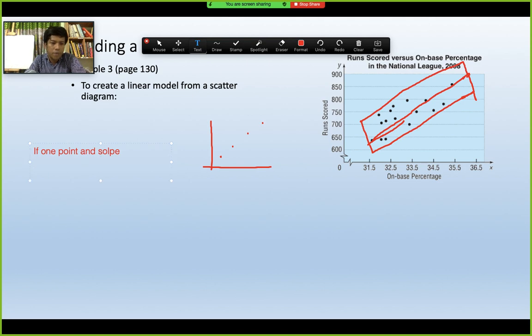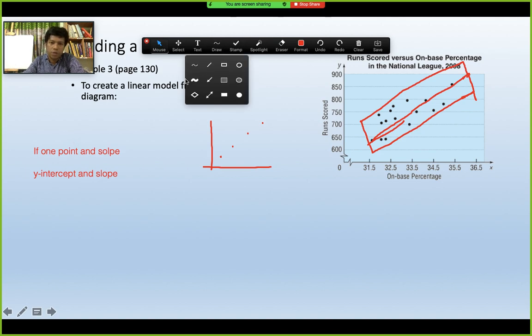Or if you have the y-intercept and slope. From this you can find the equation of a straight line. If you know what the y-intercept is and what the slope is, then you can write the equation of a straight line. Or if you have one point and the slope, then you can find the equation of the straight line. So these are the two very basic ways of finding the equation of a straight line.